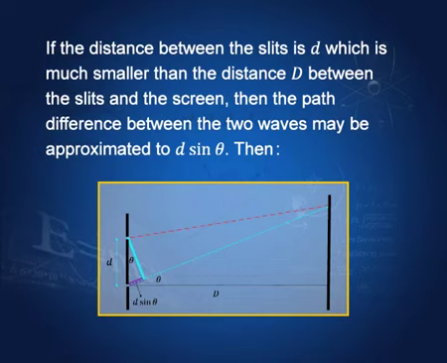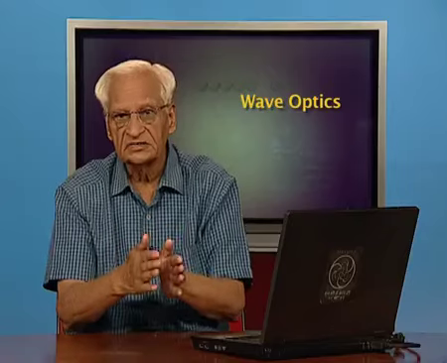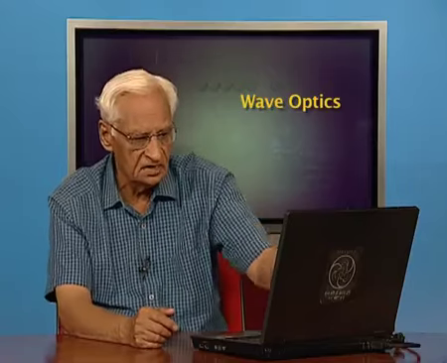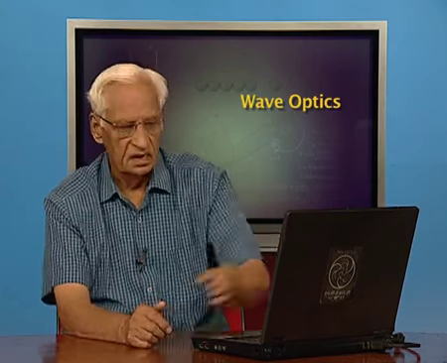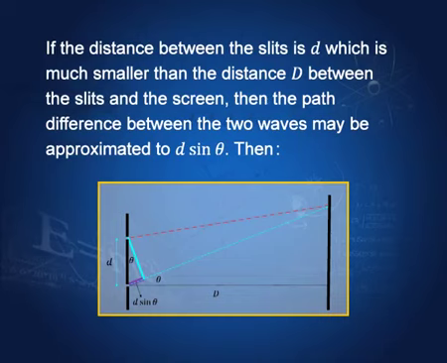And the light that goes here, the red ray and the blue ray, these two travel different distances from here to here, and therefore, the path difference, the difference in the distances that they travel to this point, is d sin theta, assuming that capital D is much larger than this d.